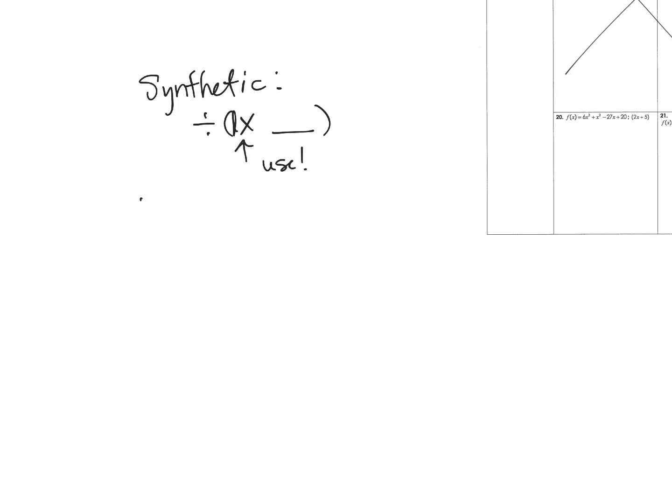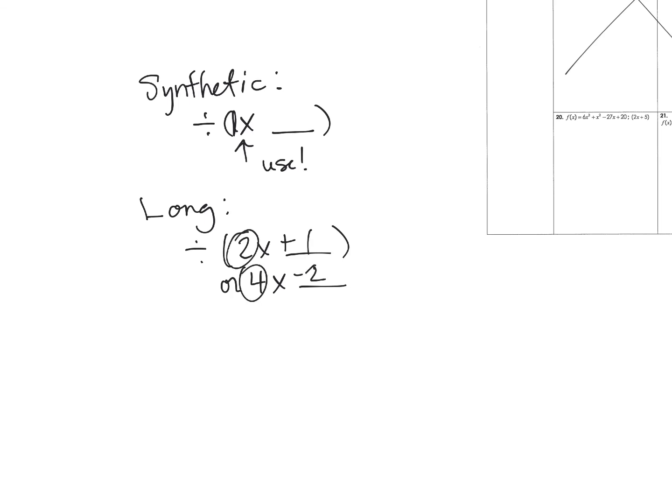If it's not, you have to go to long. That's if it's divided by like 2x something, or 4x plus 1 minus 2. The number in the front means you have to use long division. Or if it's x squared minus x plus 1, if you've got a squared, then you must use long division.